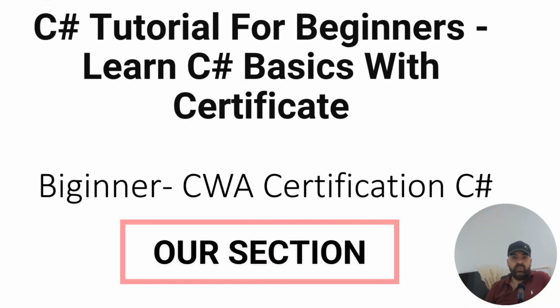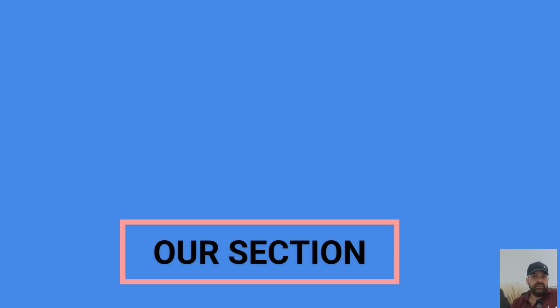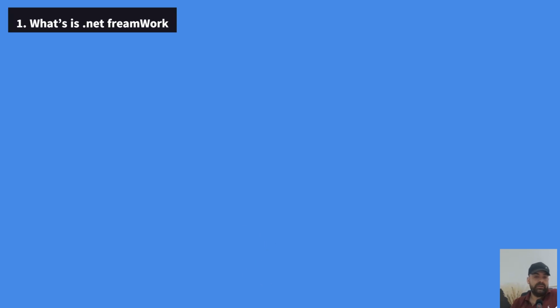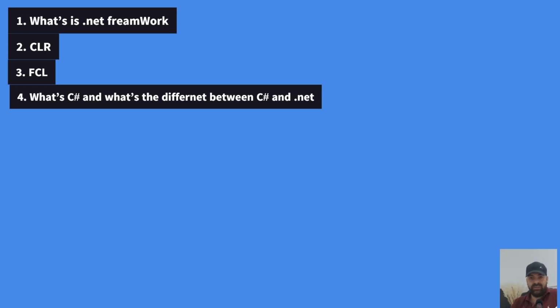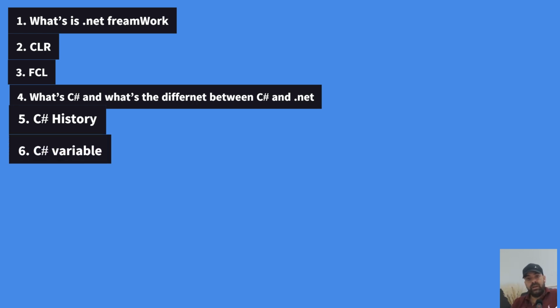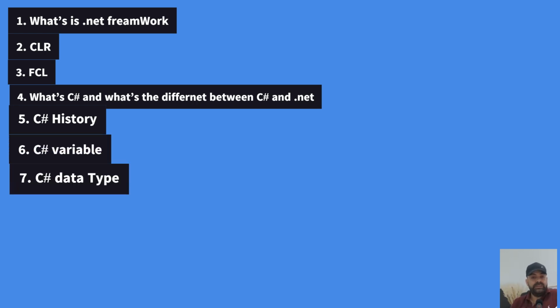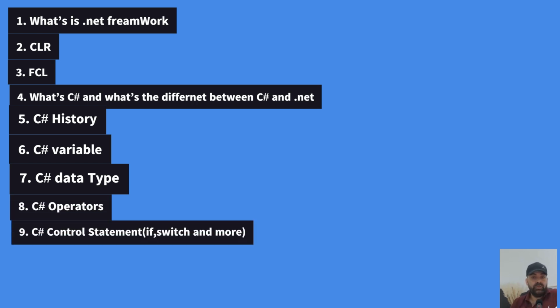First, we start with what we will learn. First, what is the .NET Framework? And then CLR, and what is C#, and what's the difference between C# and .NET. C# history is very important for you, and then C# variables, int, integer, string, C# data types, operators, control statements like if, switch, and more.